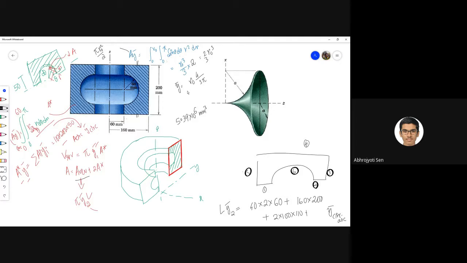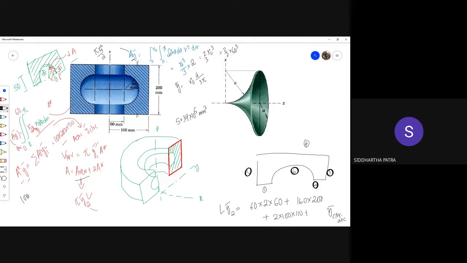So once again, I am checking for any calculation mistake. A y bar would be 2 by 3 times 60 cube for the circle.